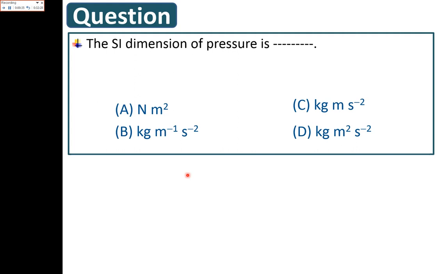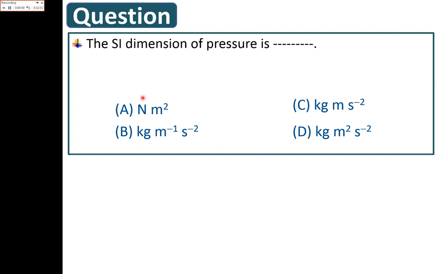Actually, pressure equals the force per unit area, and the unit of force is Newton, and the area is meter square. So it's supposed to be Newton per meter square, not times meter square. So number one is wrong.